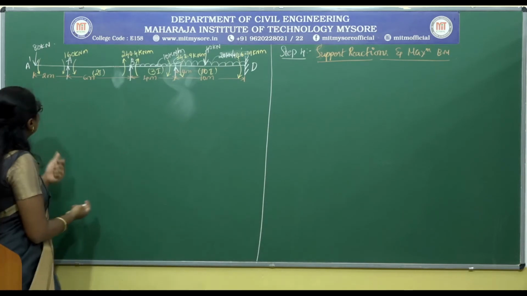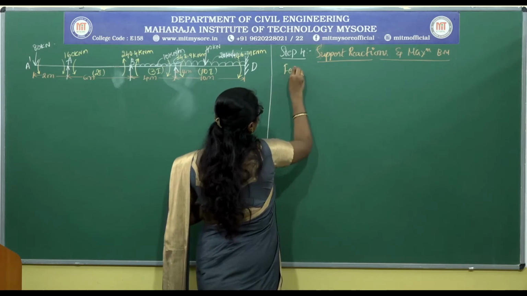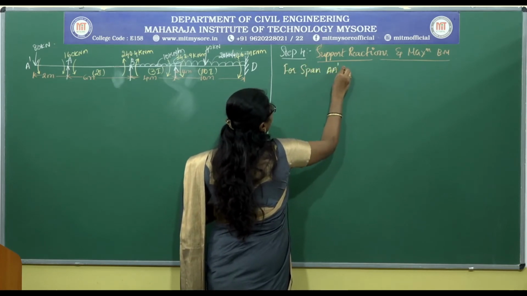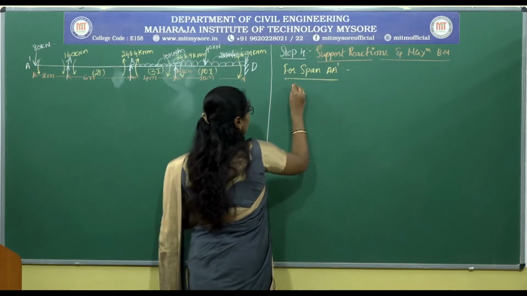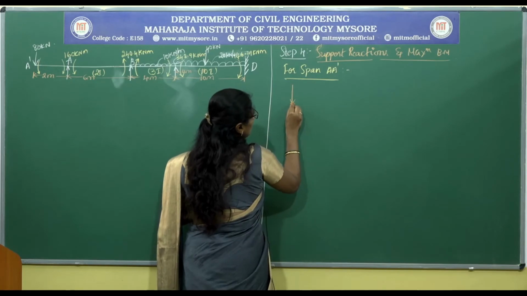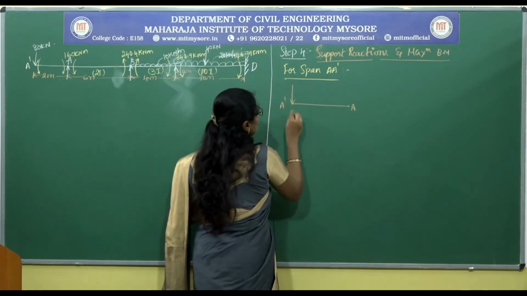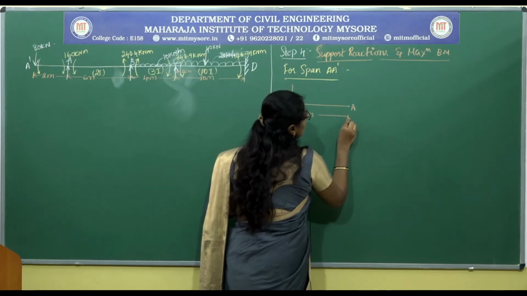So initially for span AA dash, since it is the overhanging load, A dash is acting for a distance of 2 meters.